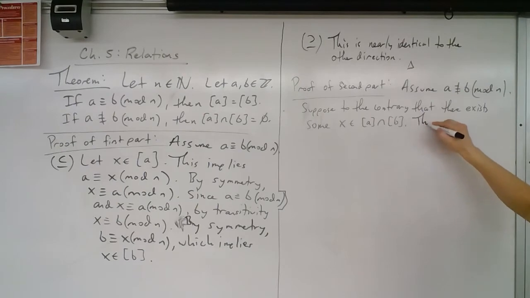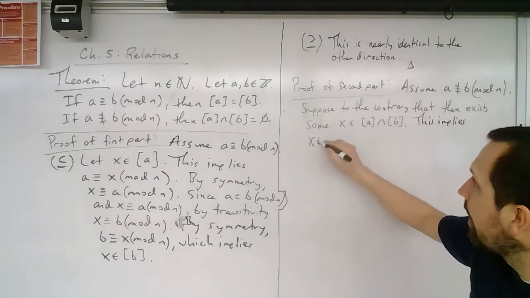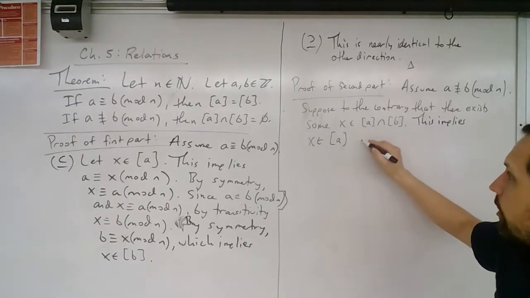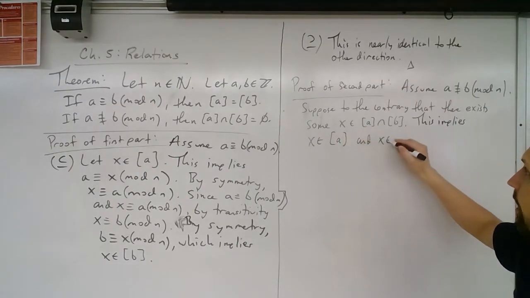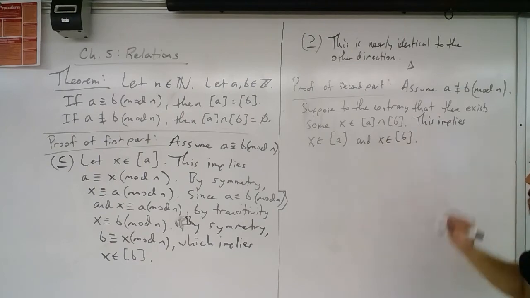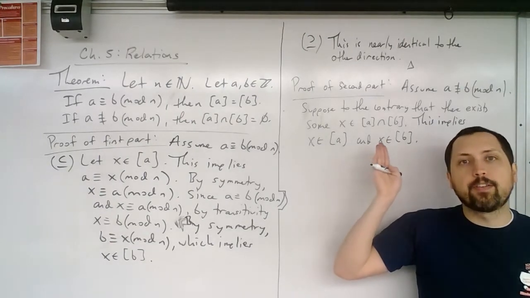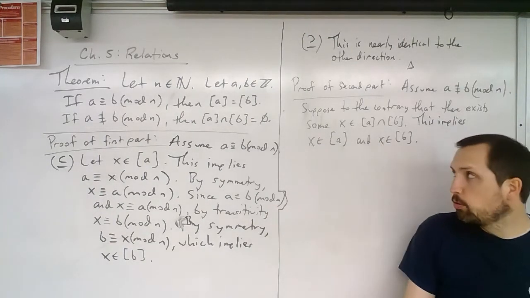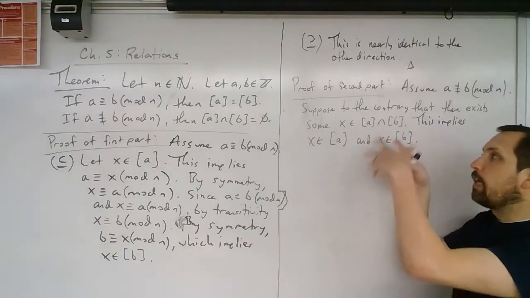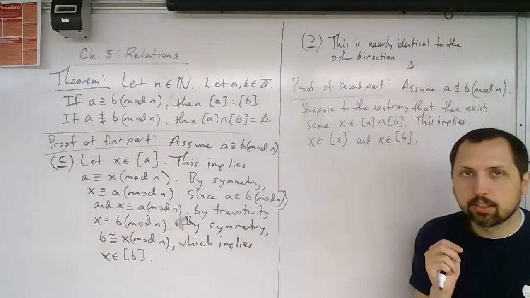So then this implies that X is an element of the relation class of A and X is an element of the relation class of B. So we're just using the definition of intersection to be able to separate this into two different statements.